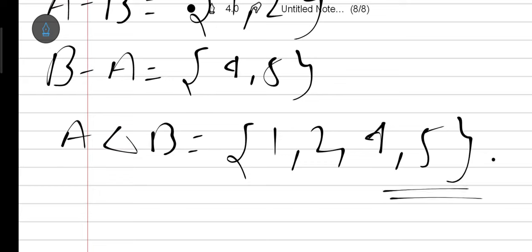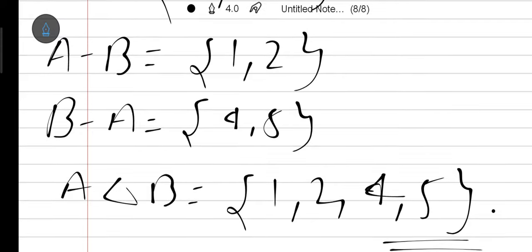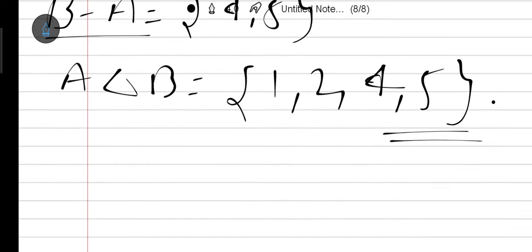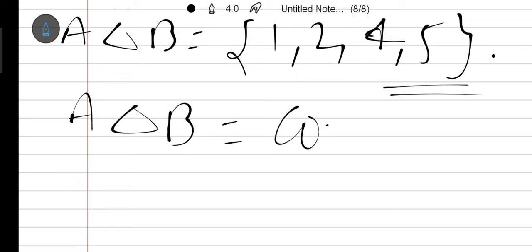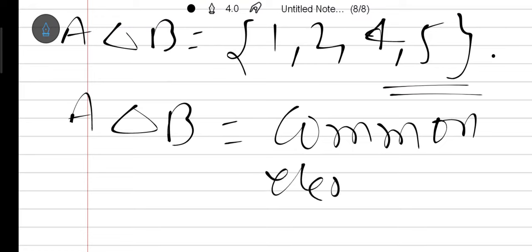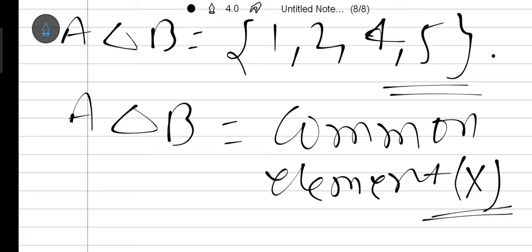This is what symmetric difference means. The union of A minus B and B minus A means the common part will not be there. So if you want to remember it fast, A symmetric difference B is: you just don't include the common element, and the rest of the elements of both will be your symmetric difference.